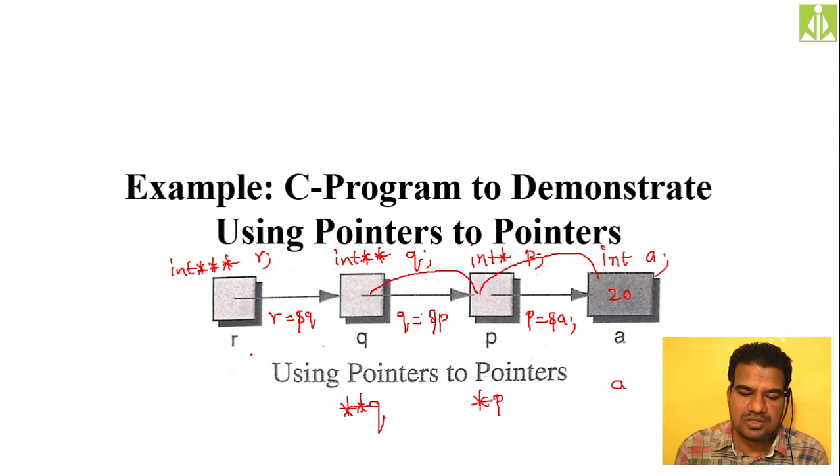To access the value from R, you have to put 3 times indirection, star star star R. The first indirection will take you from here to here, the second indirection here to here, and the third indirection here to here. You will get the value. Likewise, you have to do all the processing in your program.